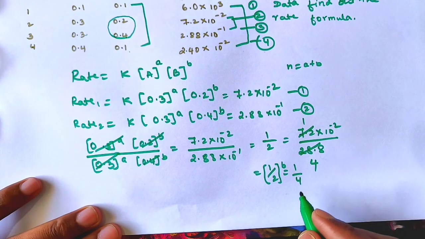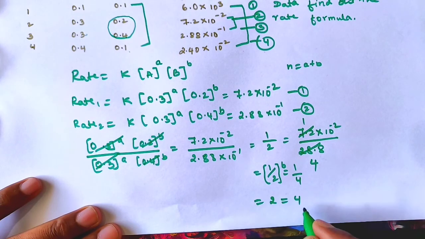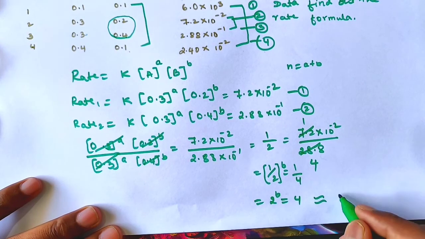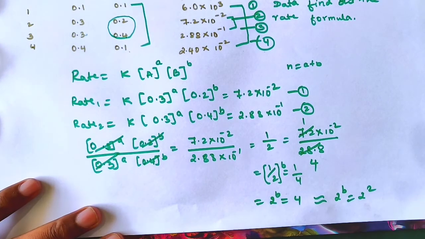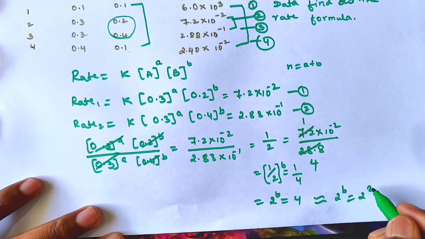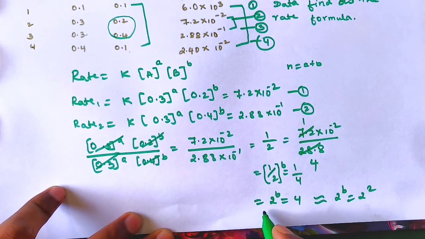After simplifying, it can be written as 2 is equal to 4. So this will be written as 2 to the power of b, that is equal to 2 square. 4 we can simplify and write. So when the bases are equal, the powers will be equal. So b is equal to how much? b is equal to 2.